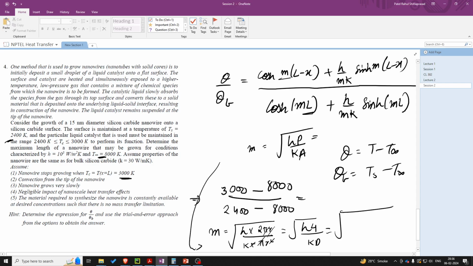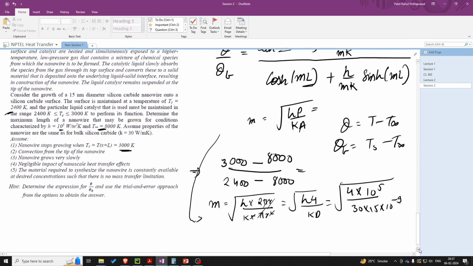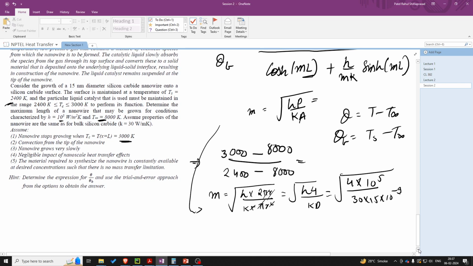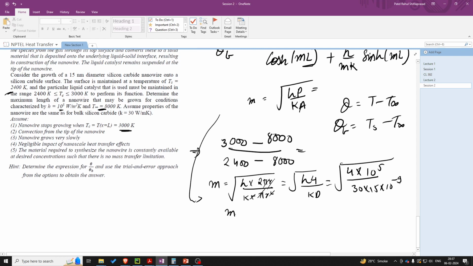So you can put the related values, that is 4 into the convective heat transfer coefficient h, given as 10 raised to 5, thermal conductivity given as 30, and the diameter 15 nanometer. You can try solving this and you will get the value of m as 9.43 into 10 raised to 5.